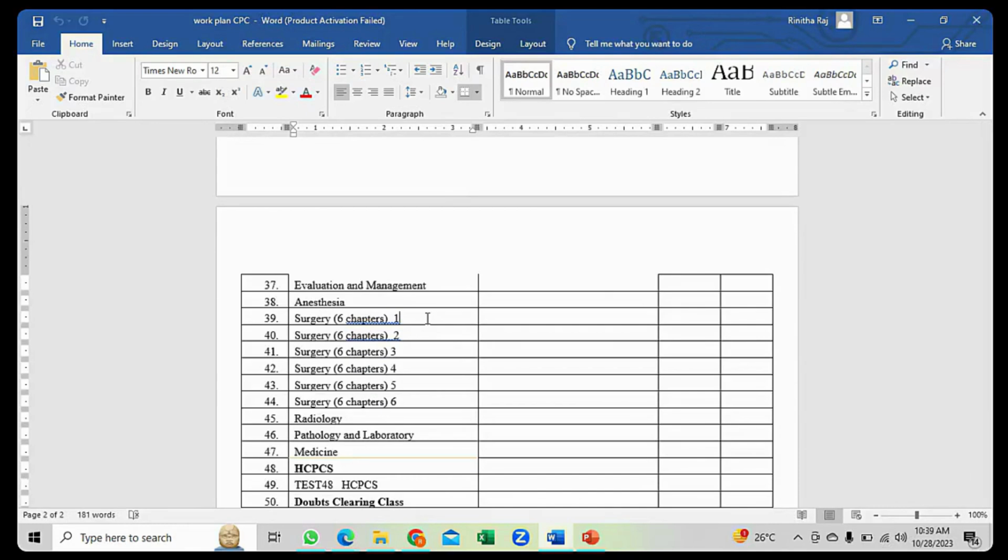First is integumentary, second is musculoskeletal, third is respiratory and cardiovascular, fourth is the digestive system, fifth is the genitourinary system, that is your reproductive system as well as your urinary system. Sixth is endocrine as well as neurology, eye and ear. Everything together.